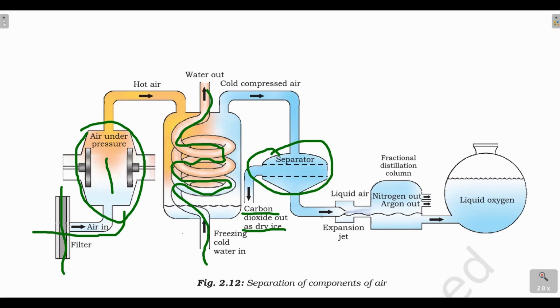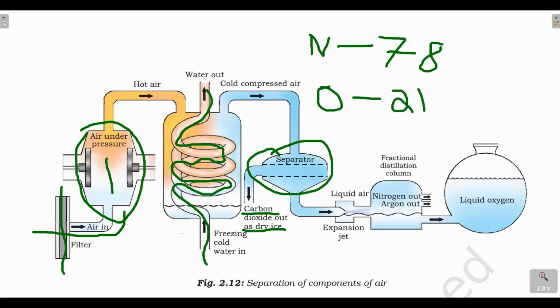Now the major components of the remaining air will be nitrogen and oxygen, because the percentage of nitrogen is almost 78 percent, and oxygen is almost 21 percent, or approximately, because the percentages of oxygen and nitrogen vary from place to place.